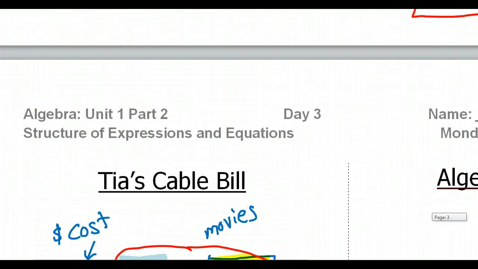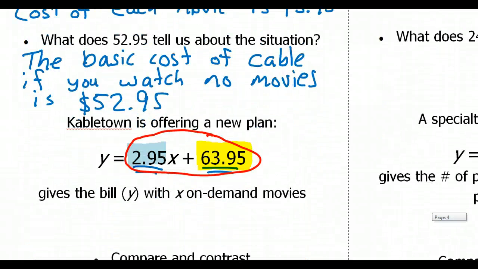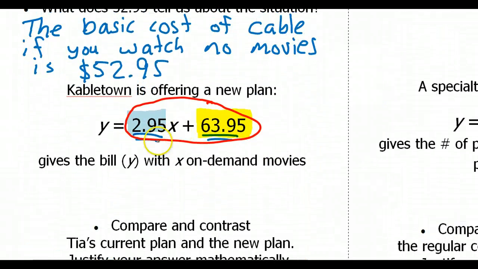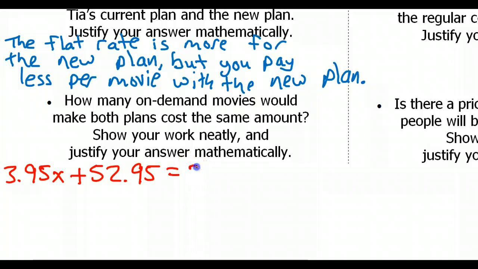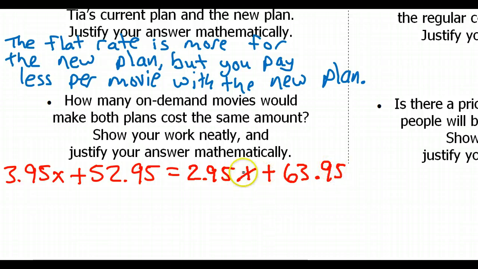Did I get that right? $52.95. Okay. And that should equal the other plan, $2.95x plus $63.95.